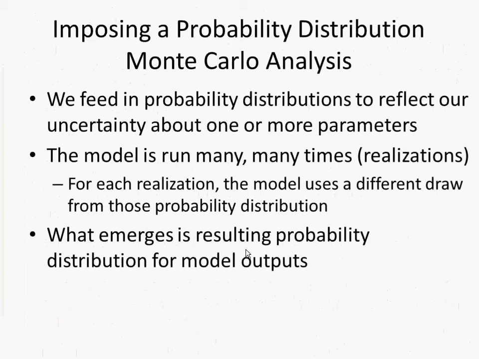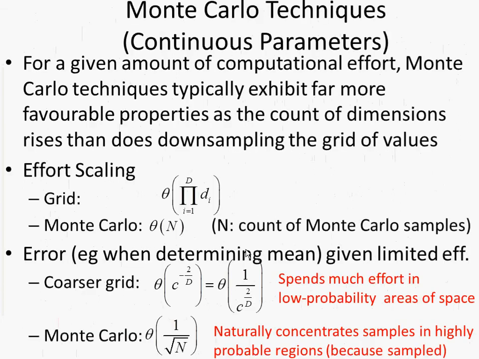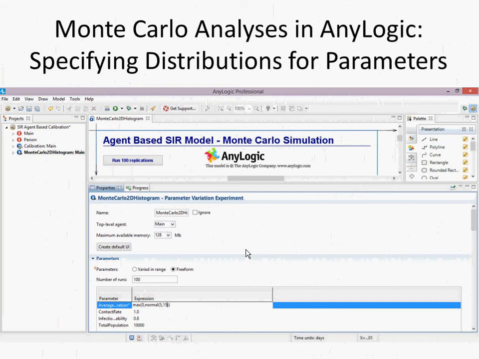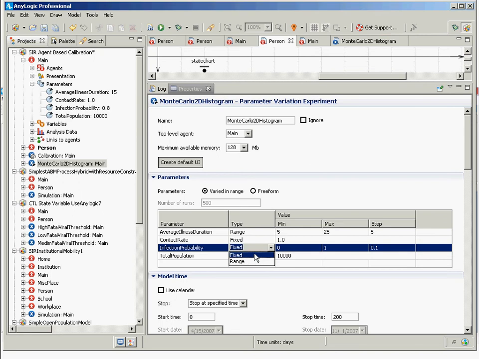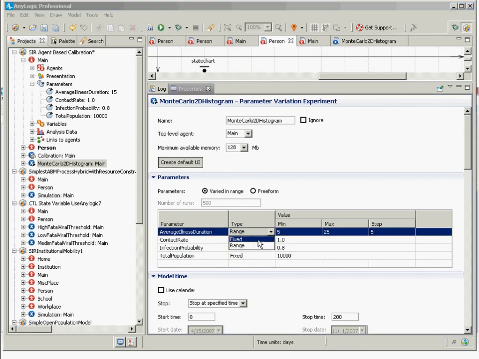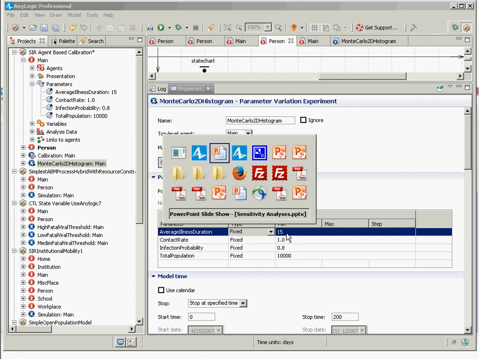We're going to go through and impose parameter distributions for particular model parameters. So what I'd like you to do is to go and set these back to fixed, and we're going to instead impose a distribution for them. So for average ultimate duration, perhaps we'll impose a distribution as given by this formula.